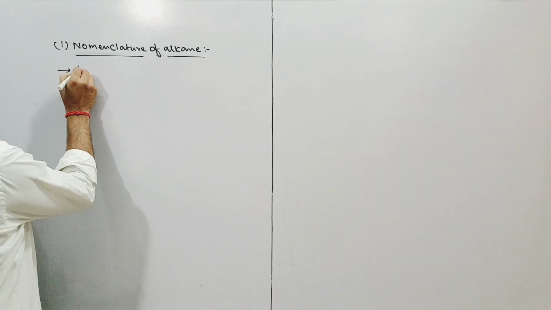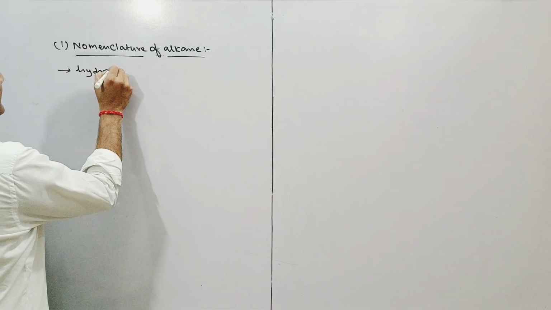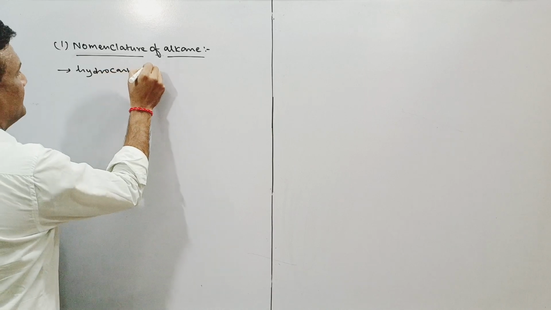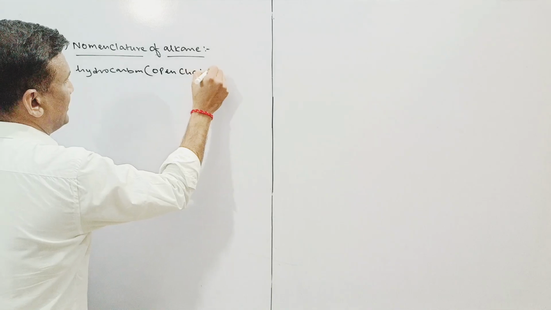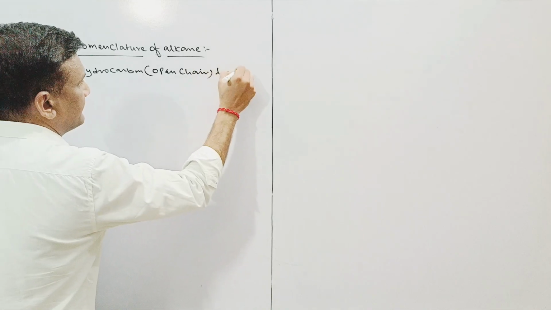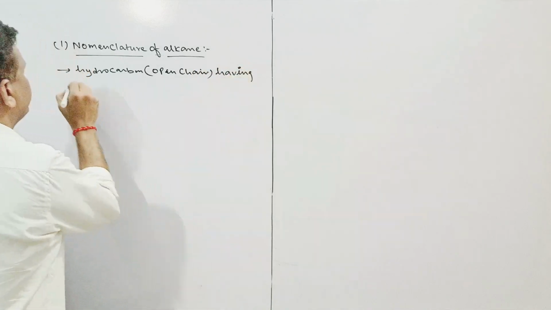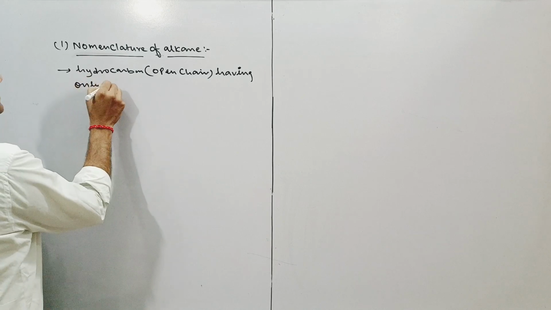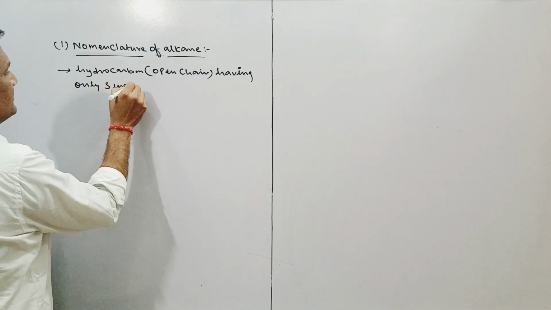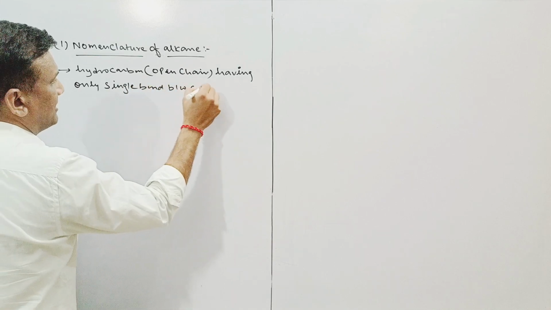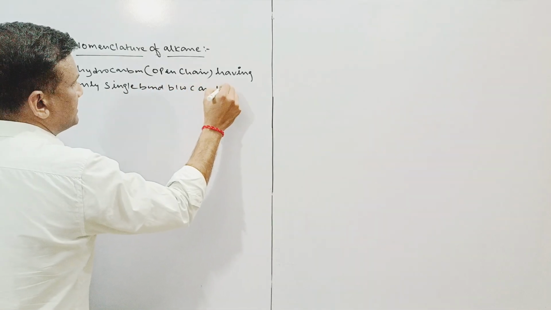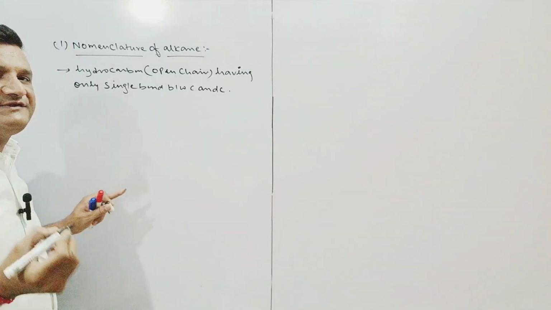Which kind of hydrocarbon? Open chain hydrocarbon having only single bond between carbon and carbon. This is the definition which we have discussed in previous videos also.